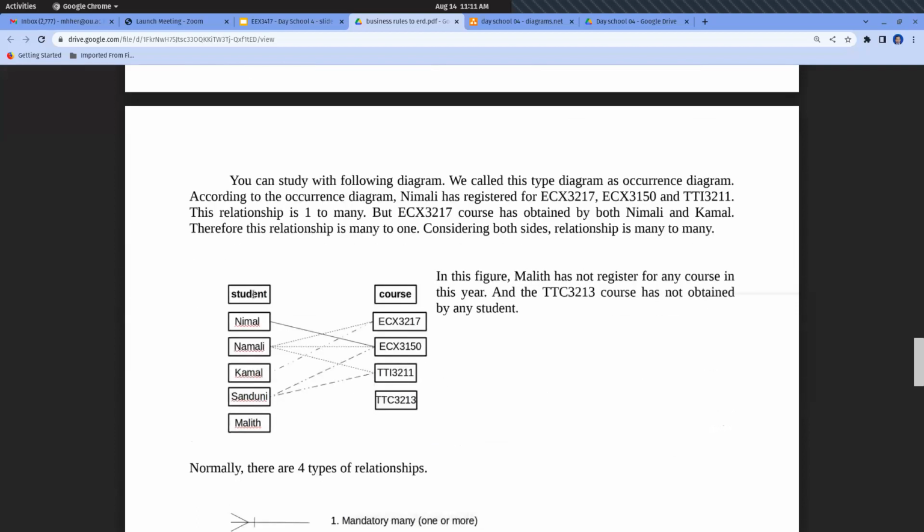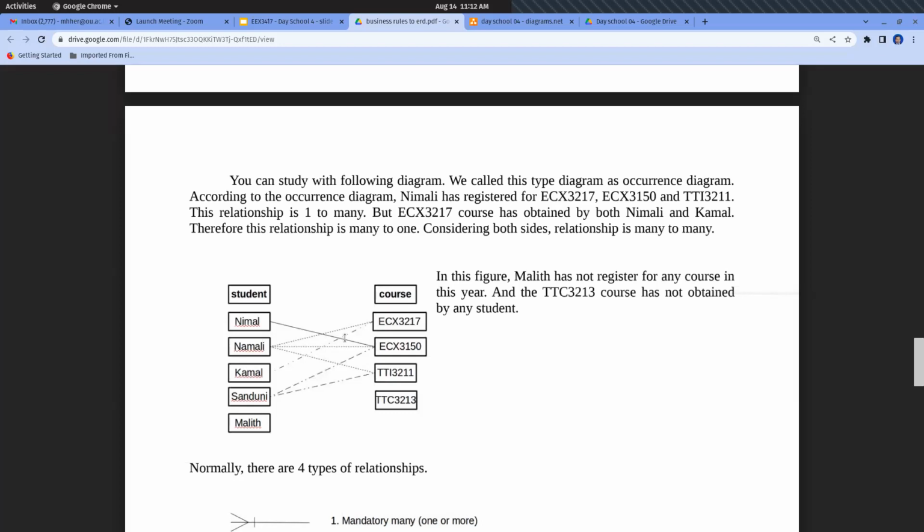Now, when you consider students, we consider an example. There are 1, 2, 3, 4, 5 students and 4 courses. These students have got these course codes. This student has got these 3 courses.